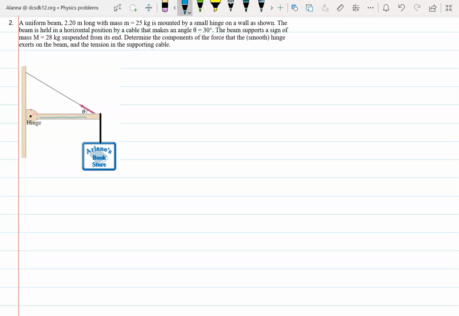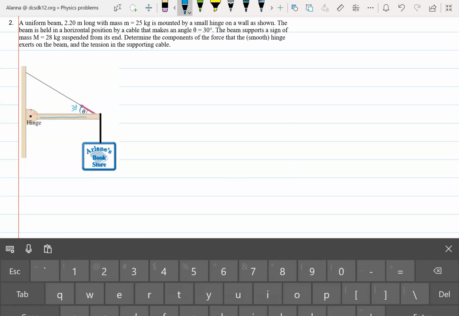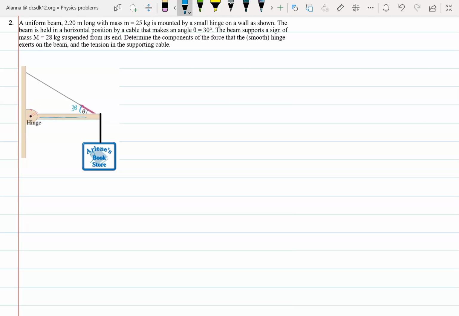So first, let's just label some stuff on this diagram. That's 28 kilograms. And then this is 25 kilograms. And this whole length is 2.2 meters. Okay, so again with this problem, we know that we need the torques and the forces to balance.